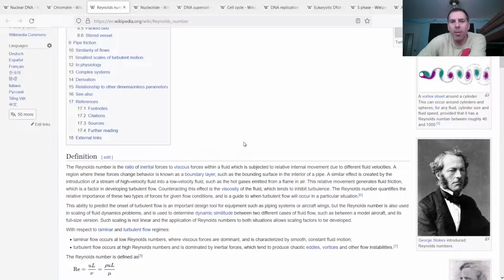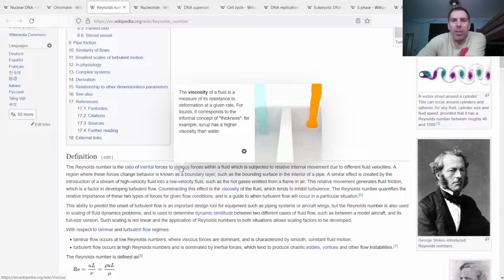So inertial forces are like F equals ma. You push something, it floats away from you in space. Viscous forces being more like, I guess, just like the difference between water and a thick oil. You can see here just an example of low viscosity versus high viscosity kind of a fluid.